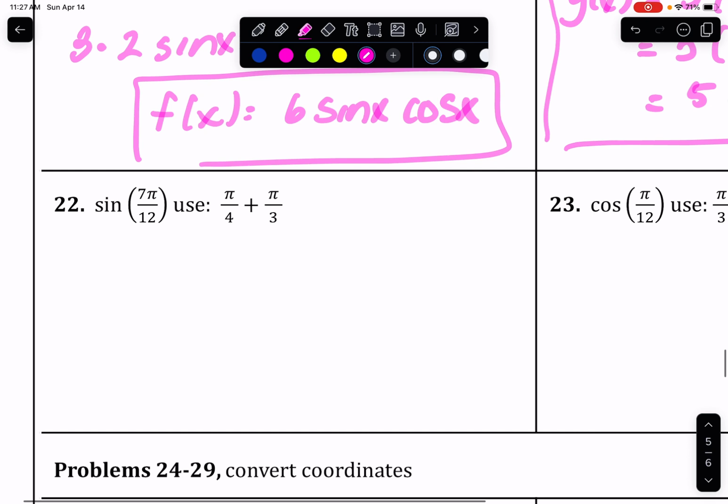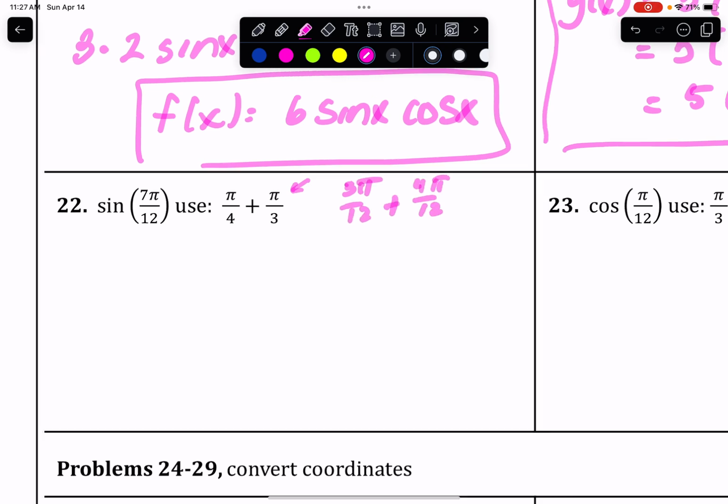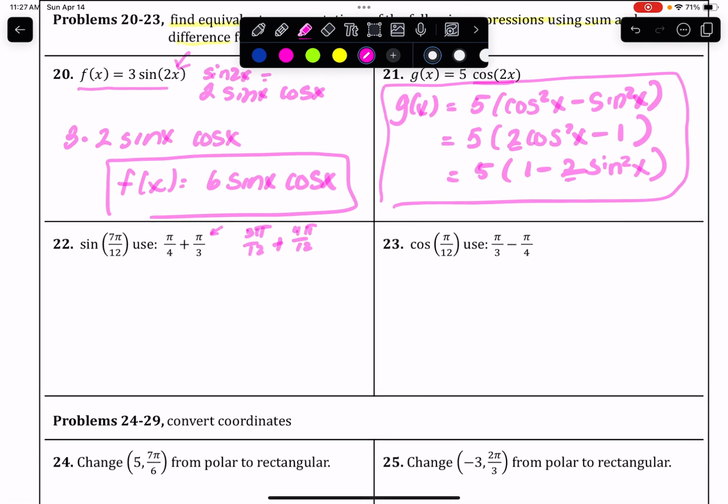Now they have us actually use the sum identity for sine, and they give us very nicely, they break up sine pi over 12 as pi over 4, that's 3 pi over 12 plus 4 pi over 12. Right? So we would say, okay, then I would have sine pi over 4 cosine pi over 3 plus cosine pi over 4 sine of pi over 3.